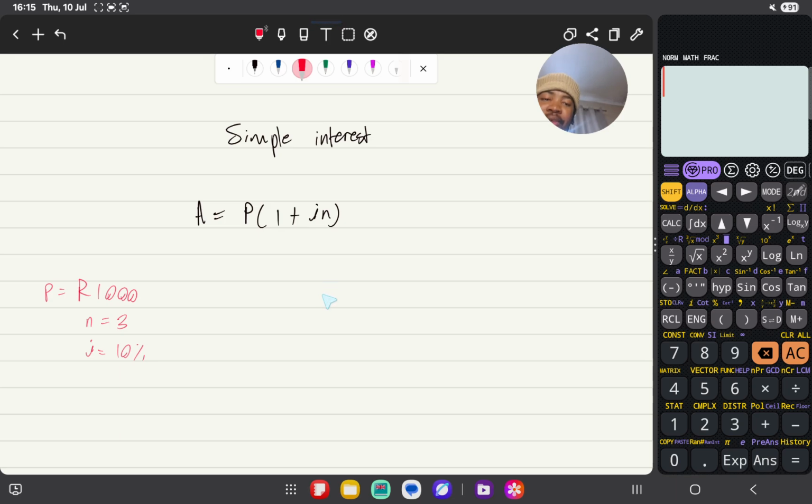Now we can find the interest, which is 10%. We'll say 1,000 rand multiplied by 0.1, which is 10%, and we're getting 100 rand. So you have that, you're done.